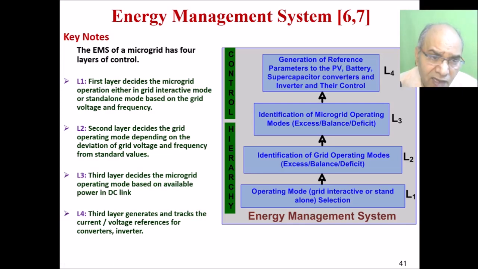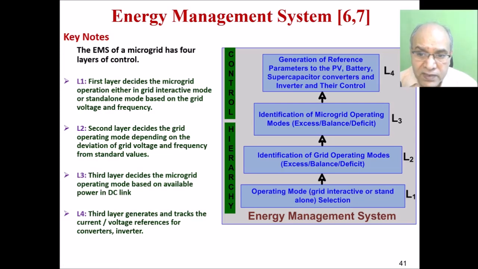At the L1 level, the level 1, we decide whether the microgrid operation should be in a grid mode or off-grid mode. That is done by checking the voltage and frequency conditions, as I have shown in one graph in one of the slides. So we first decide operating mode, whether it is a grid interactive or it is a standalone.